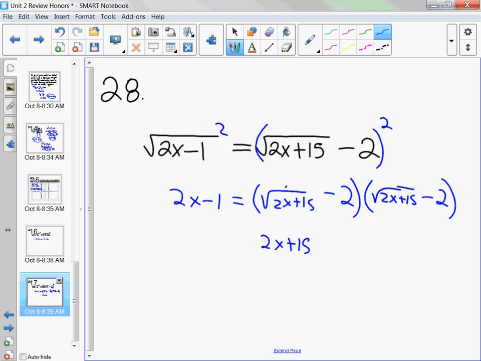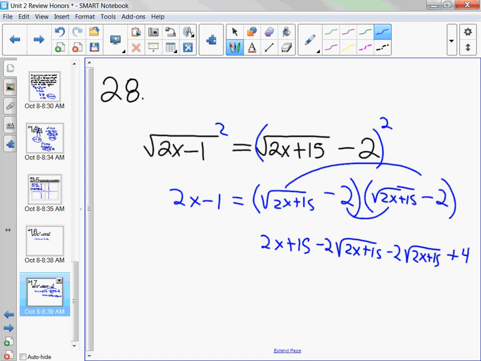And then the square root of 2x plus 15 times negative 2 is negative 2 root 2x plus 15. Negative 2 times square root of 2x plus 15 is negative 2 root 2x plus 15. And negative 2 times negative 2 is positive 4.